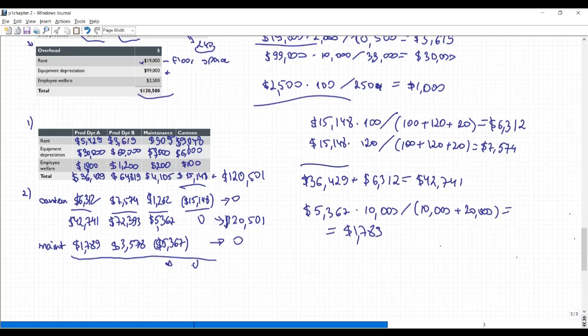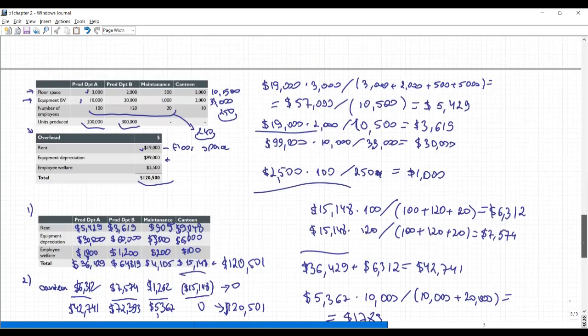So we need to calculate the total of overheads for the two departments, and it's going to be 75,971 for department B, and for department A, it's going to be 44,530, and the total of this line is going to be 120,501. So the total of overheads is going to stay the same.